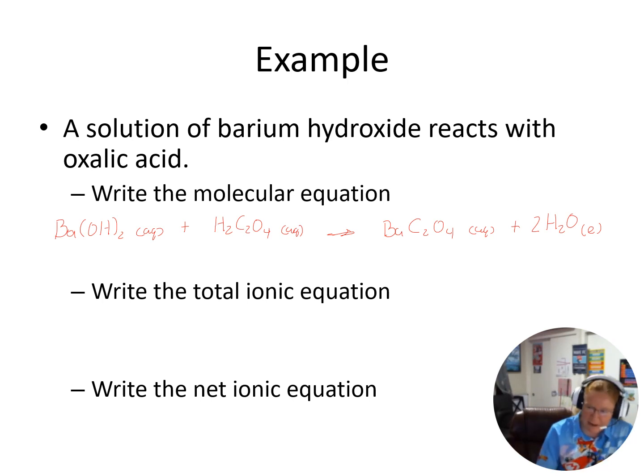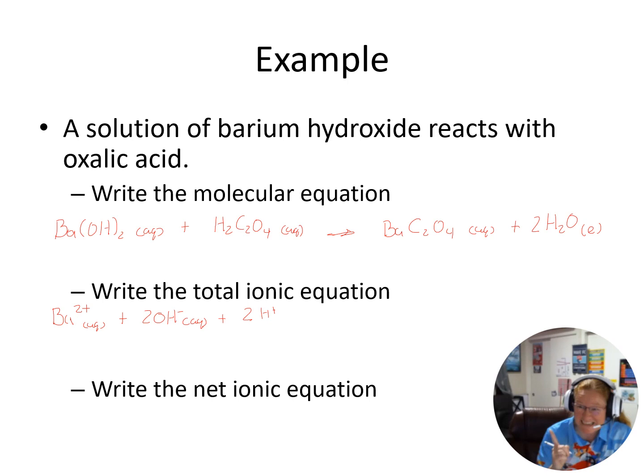All right, so our barium hydroxide, we have this Ba and that OH with a 2 there. So barium, and then that OH with the subscript 2 means I have 2 hydroxides. So I have 2 hydroxide. My oxalic acid, I have that H2, so I have 2 H plus.